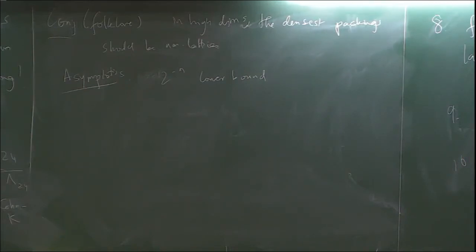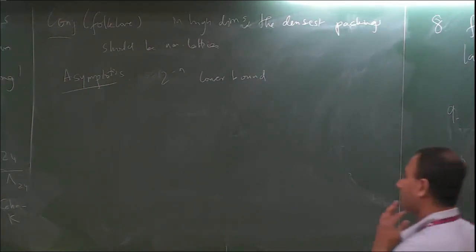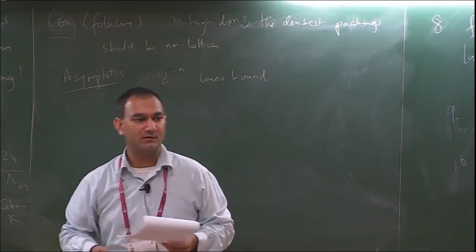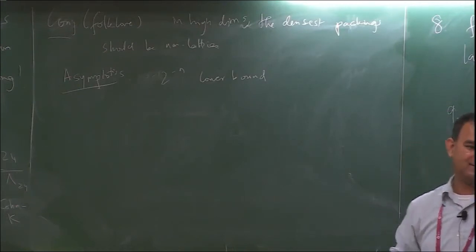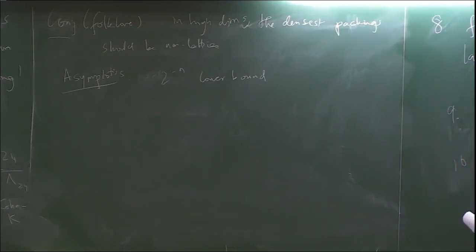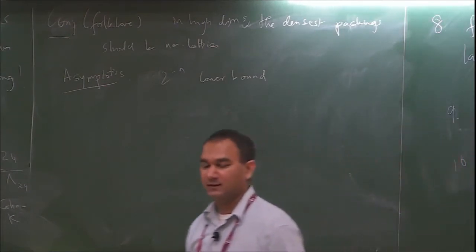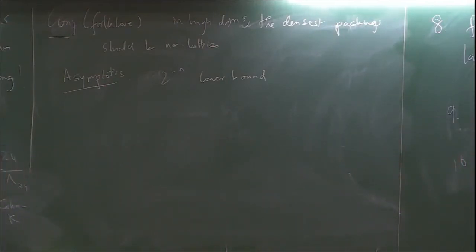What the best lattice packings look like? Not uniformly. There's no reasonable guess as to what the best lattice packing should look like. You might think maybe extremal even unimodular lattices should do the job, but as you know, there's a theorem which says that they stop at some point. After some point, you cannot even have extremal even unimodular lattices because some coefficient of a modular form becomes negative and so on. So it's completely open.